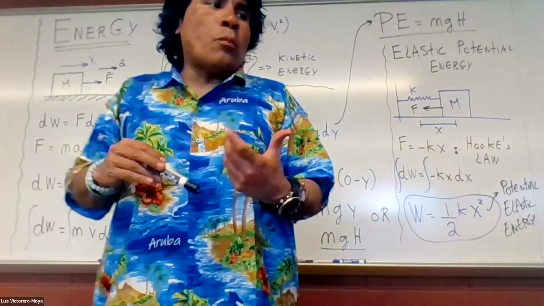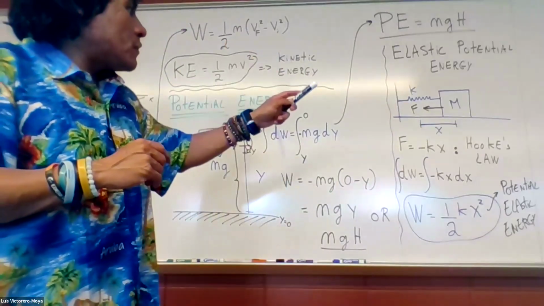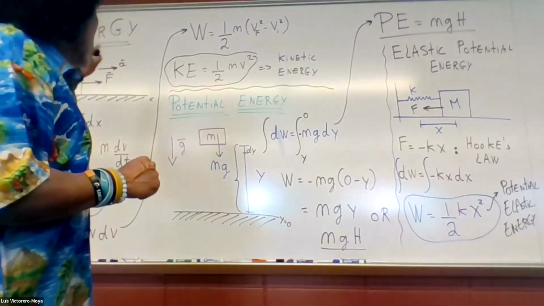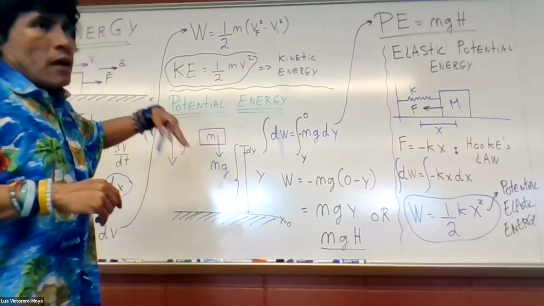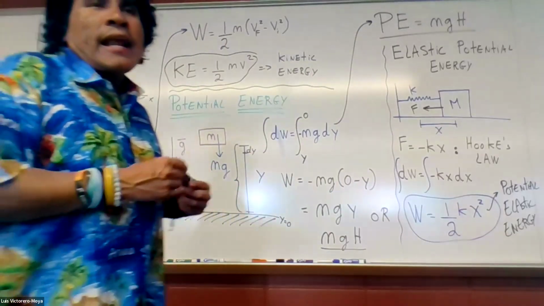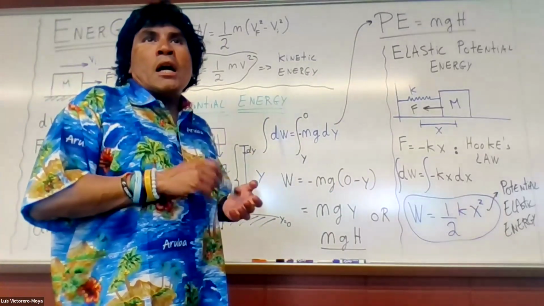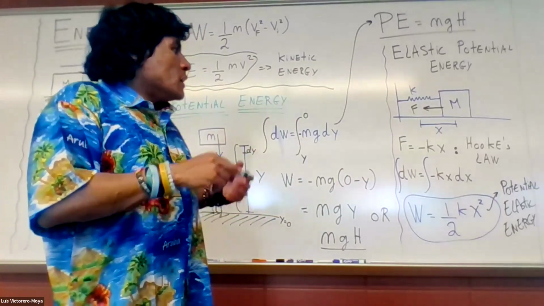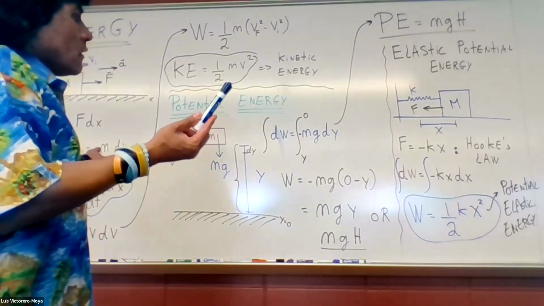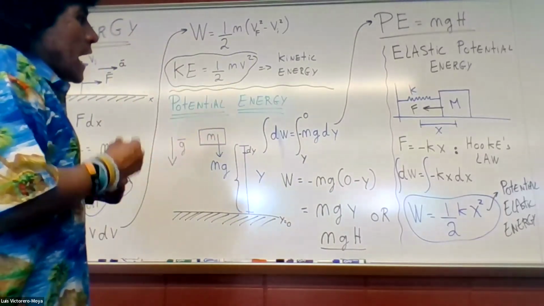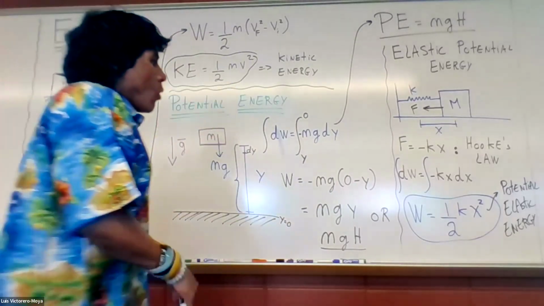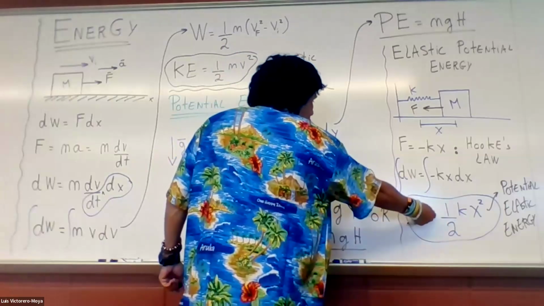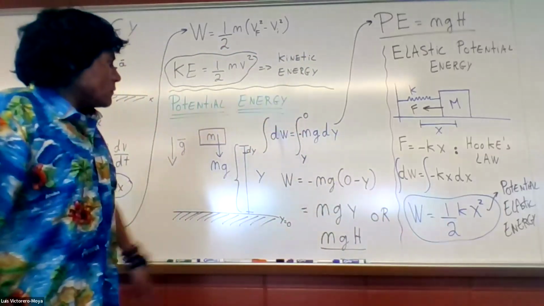Okay? So we're going to do problems using springs, using masses, right? And we might go back to inclined planes, and of course, different situations for work and energy. So now you can see, at least mathematically, how we can relate work and energy, right?